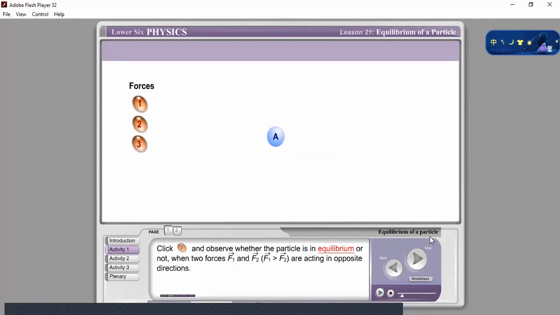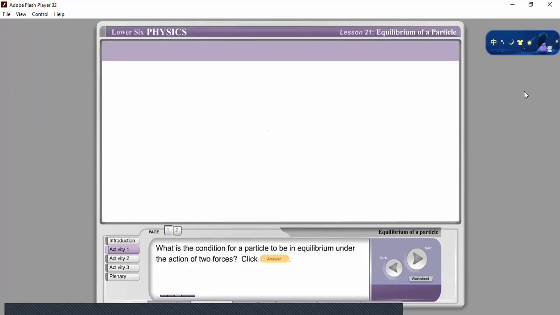Click 2 and observe whether the particle is in equilibrium or not, when two forces F1 and F2, F1 is greater than F2, are acting in opposite directions. What is the condition for a particle to be in equilibrium under the action of two forces?